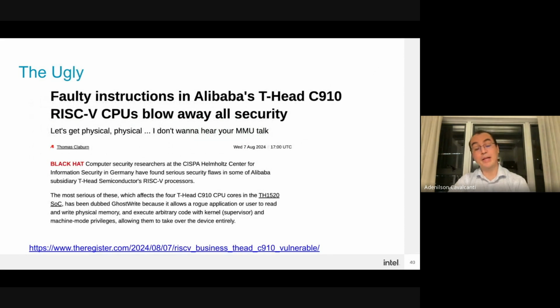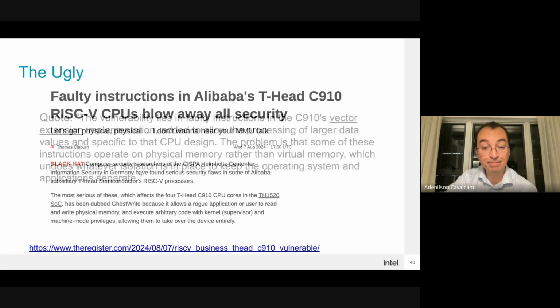So the ugly. The other day, this was published in The Register. A RISC-V CPU had a pretty serious security vulnerability.